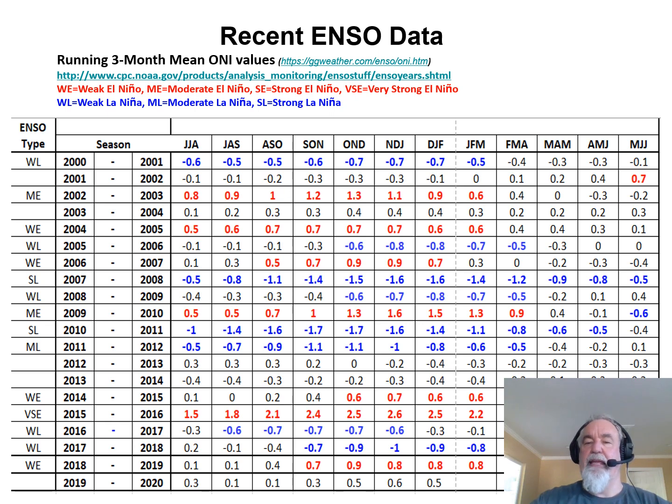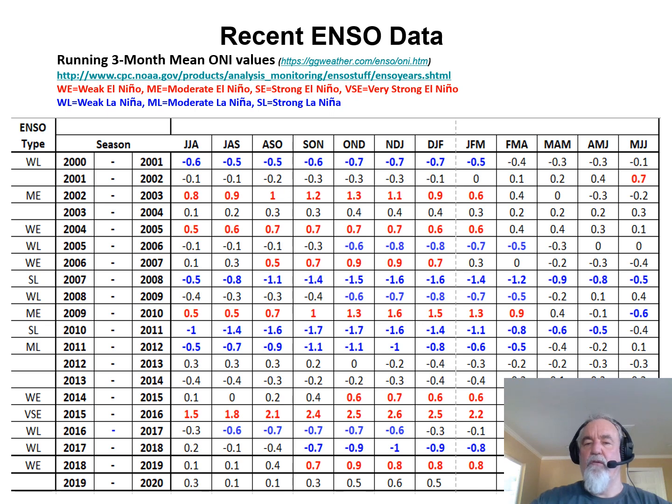So for the period from the 2000 to 2001 winter season through the 2019-2020 winter season, I want to look at this column here, January, February, March. That's when we get most of our rainfall. And looking at that, let's see what kind of impacts we would have. So basically, we have, I'll count these out, 1, 2, 3, 4, 5, 6, 7 years we would consider to be La Nina conditions during our peak winter rainfall season.